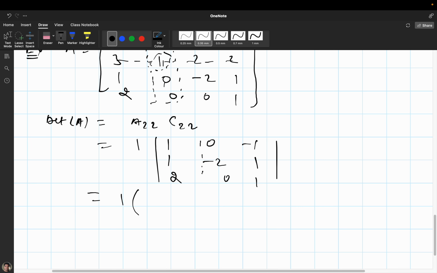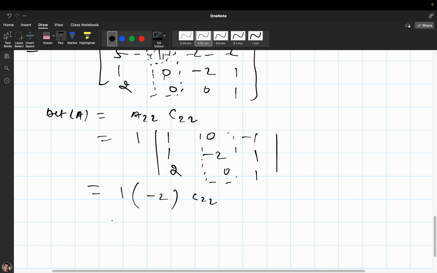Now again I will choose this column, because all elements are 0 except this one. So I will take minus 2 times its cofactor, C22 of this. What is C22?